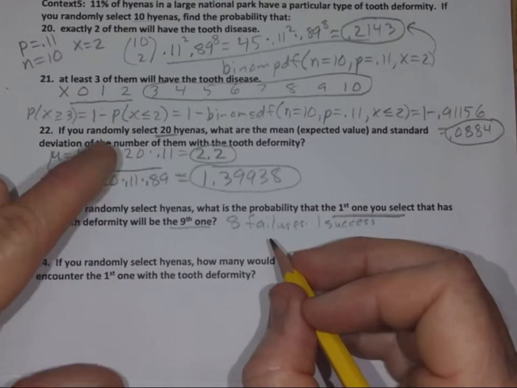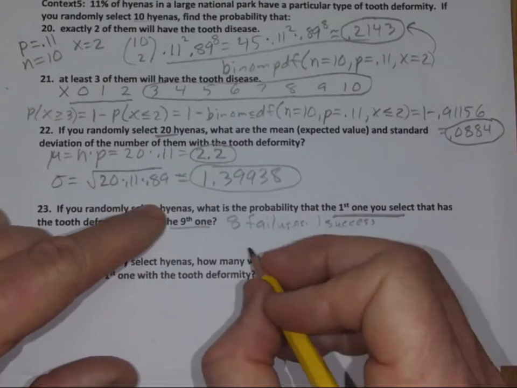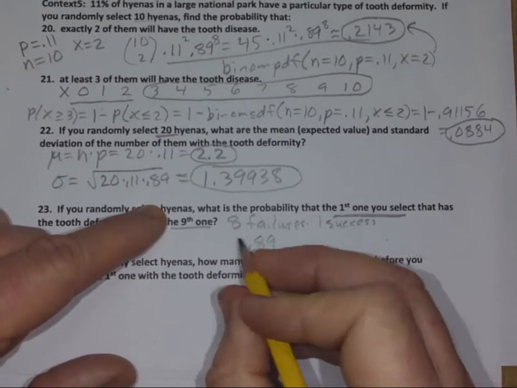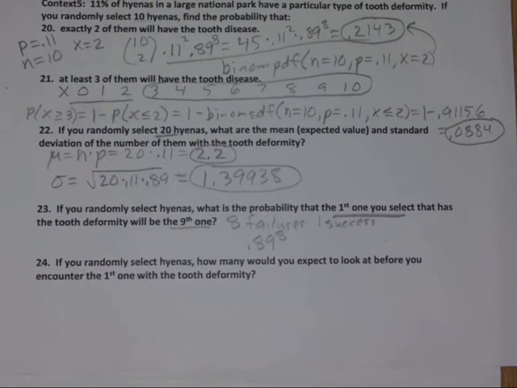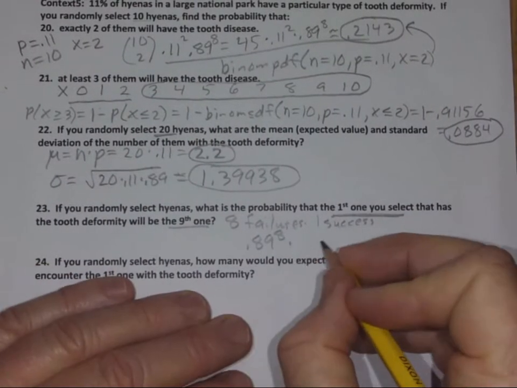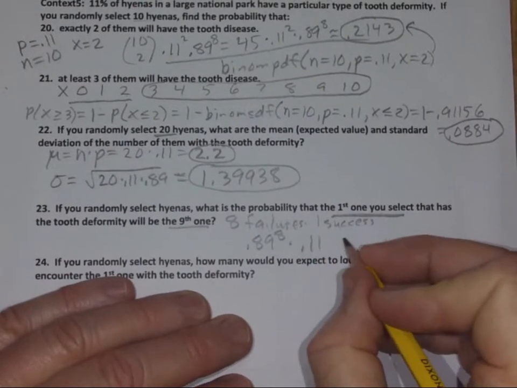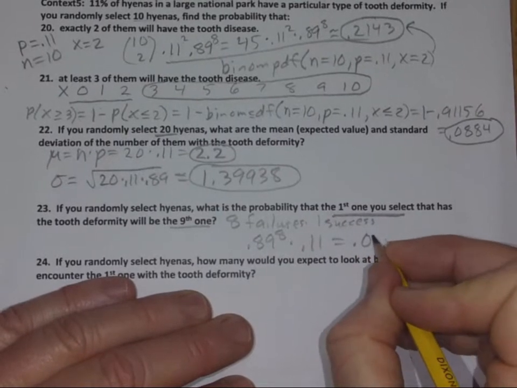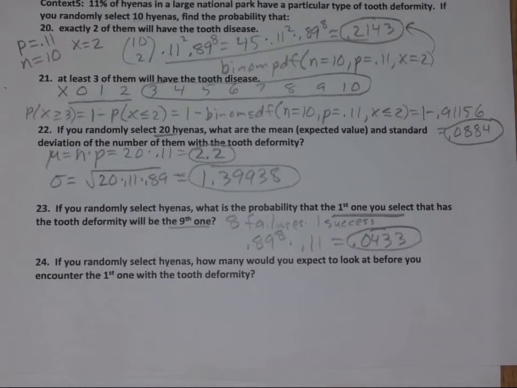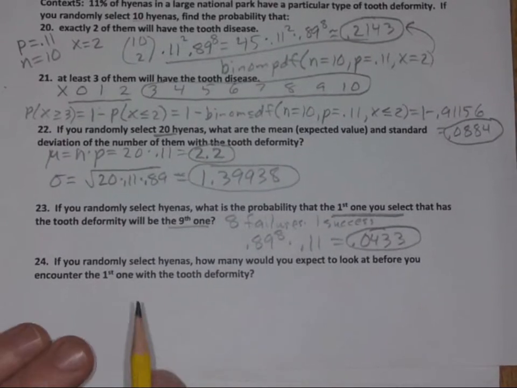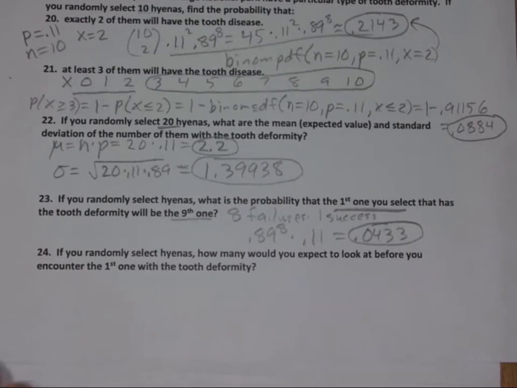If our probability of success is 0.11, our probability of failure is 0.89, and the probability that it happens 8 times is that. We can multiply because the trials are independent, times the probability of success, 0.11, and when we do that, we get 0.0433.